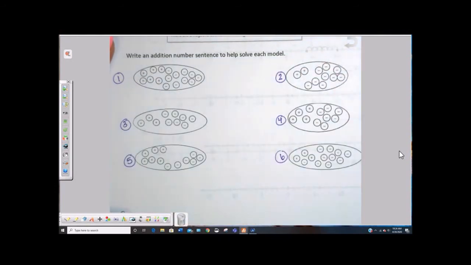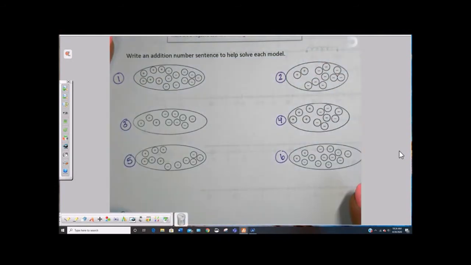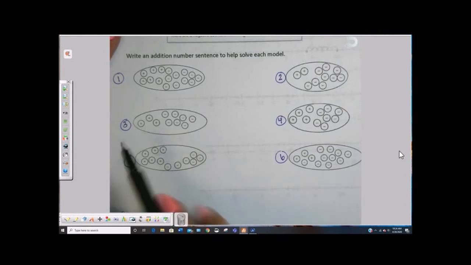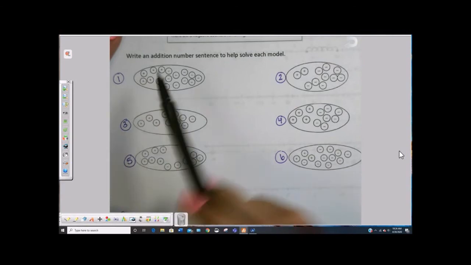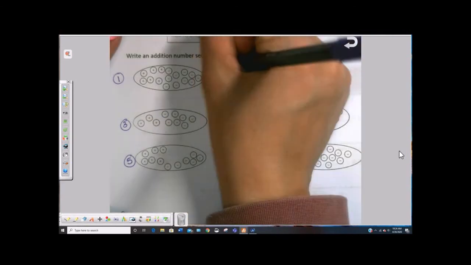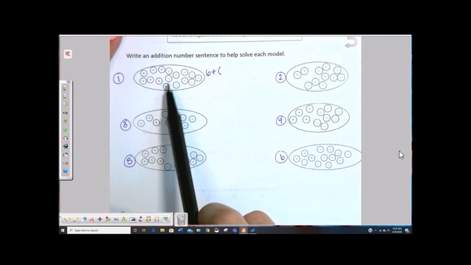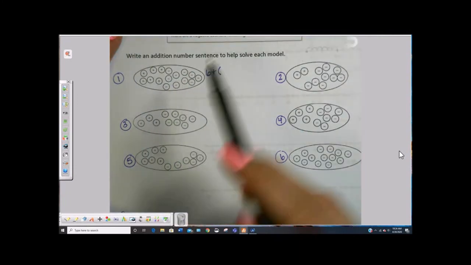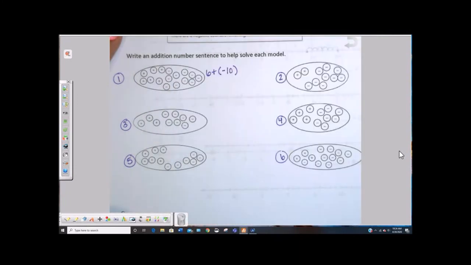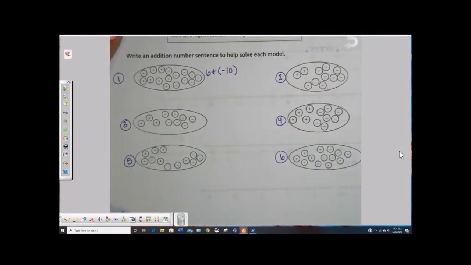So looking at number 1, we're going to write the equation first and then solve using the counters. If you count, we have 6 positives plus 10 negatives. And we're going to find some 0 pairs. Remember, a positive and a negative, they cancel each other out.